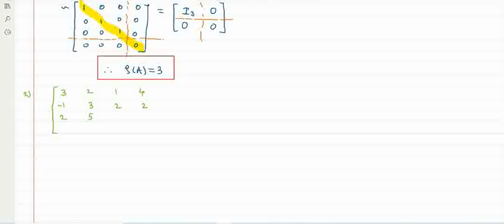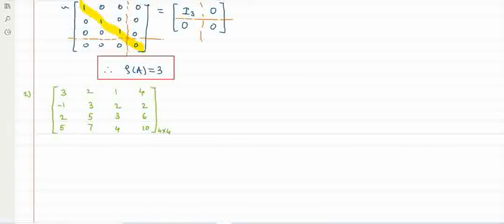Then 2, 5, 3, 6. And the next one 5, 7, 4, and 10. So what is the order of the matrix? Again, we are having 4 by 4.